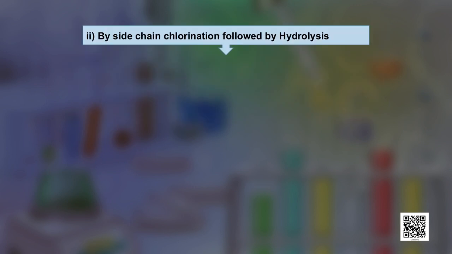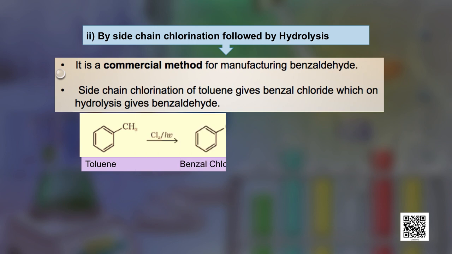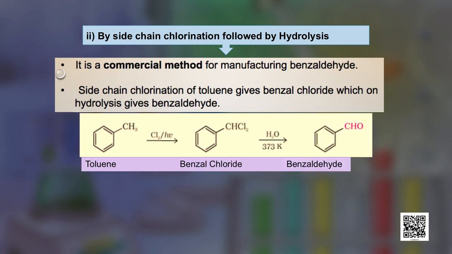The second method is by side chain chlorination followed by hydrolysis, and it is a commercial method for the manufacture of benzaldehyde. And you can see here that side chain chlorination of toluene gives benzal chloride first, which on hydrolysis gives the benzaldehyde, as is shown in this reaction.